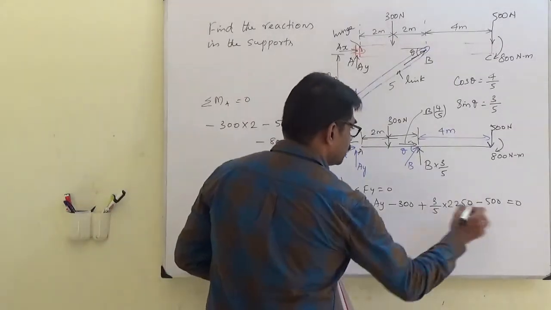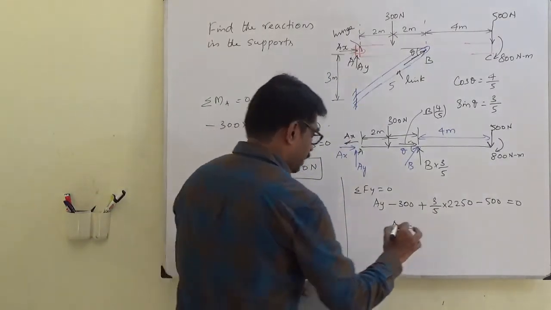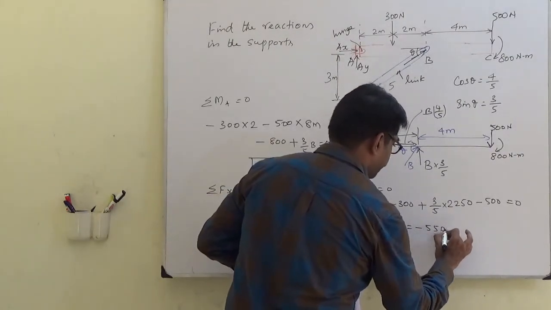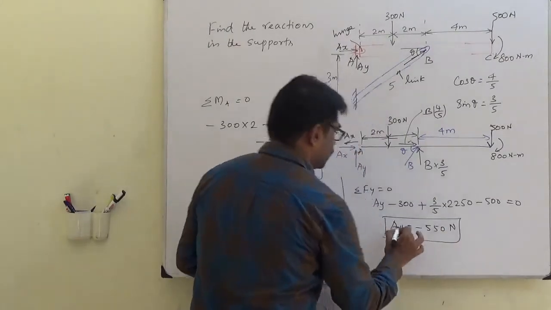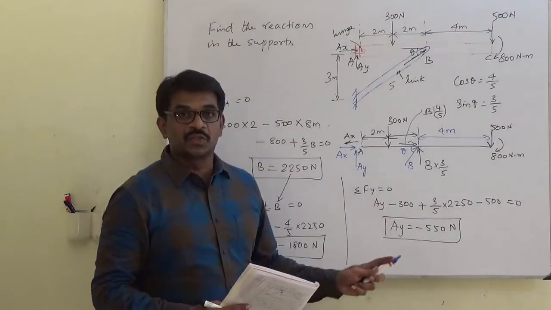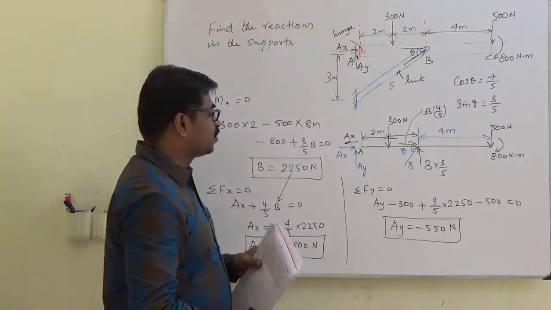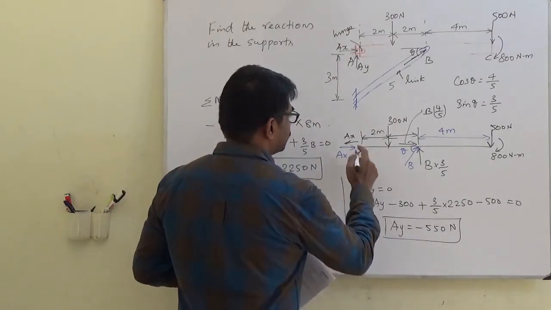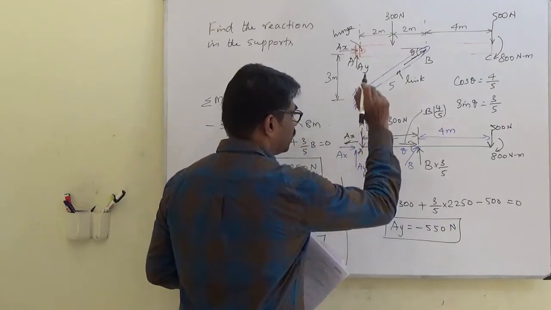So now if we solve it, Ay is minus 550 Newton. So my Ay direction is also opposite. Whatever I have assumed is incorrect, so it is going to be downward originally.